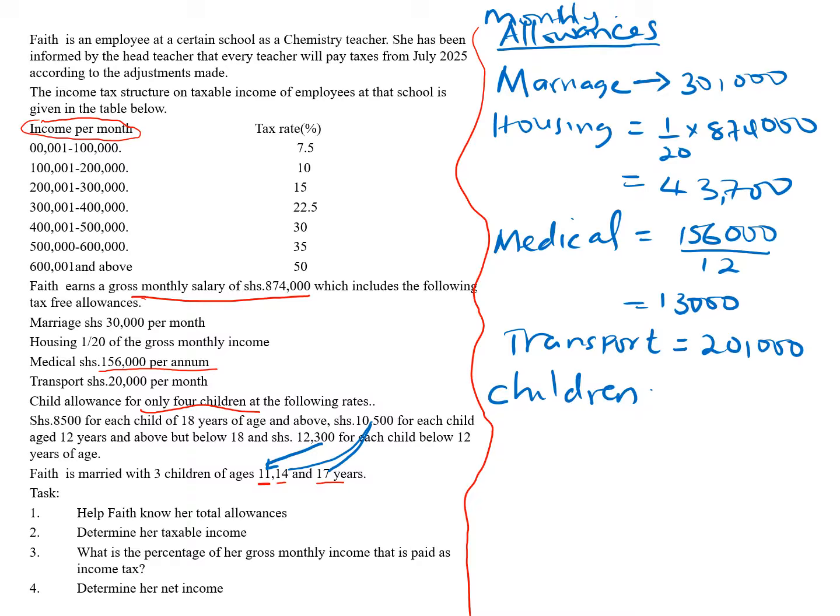So here, for children allowance, we shall have how much? That is 12,300 plus the ones of 17 and 14 who get the same amount, and that is 10,500, then times 2, because there are two children. Those ones qualify to get the same money.